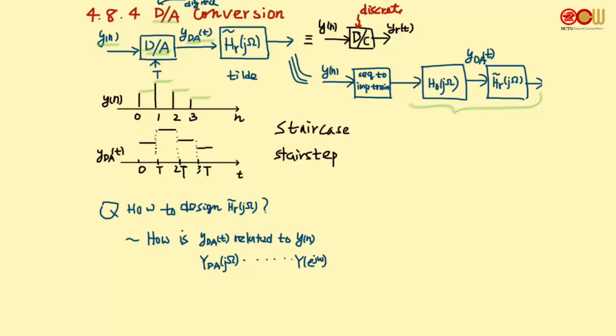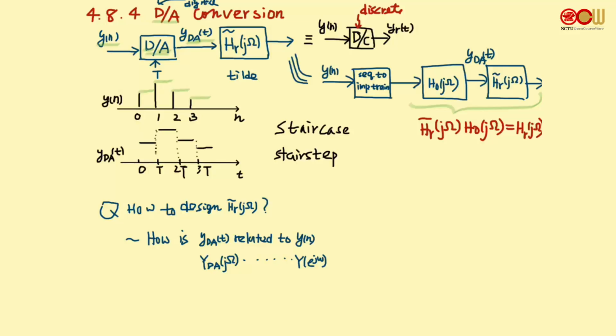If we can design HR tilde so that the product of the two is the same as the ideal reconstruction filter, then we are done, right?